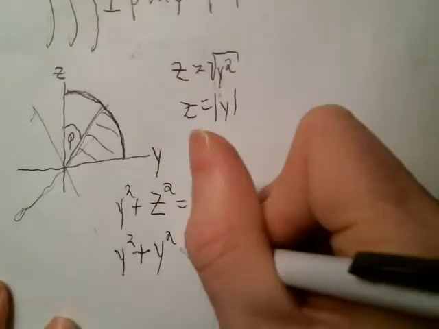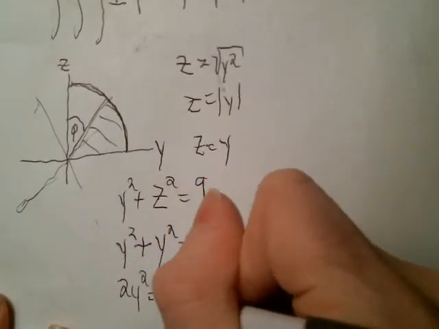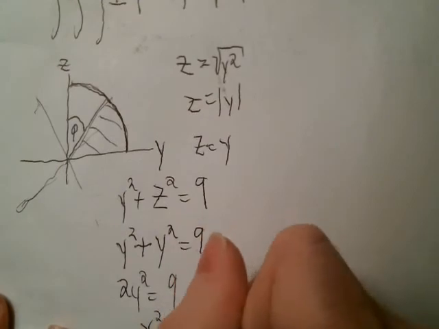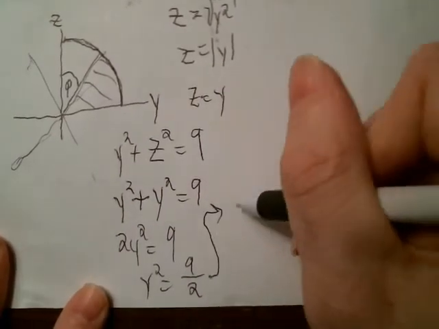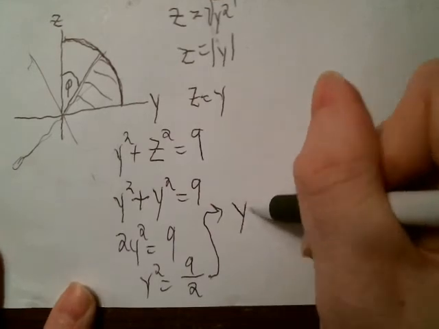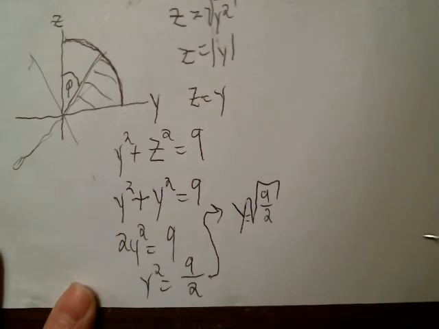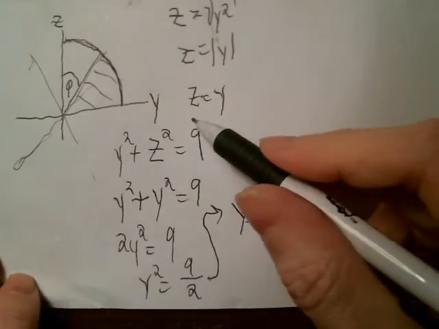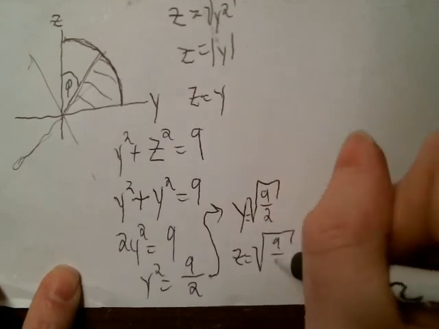I get y squared plus y squared is 9, and then 2y squared is equal to 9. So y squared is equal to 9 halves, so y is the square root of 9 halves. And then y is equal to z, so z will also be the square root of 9 halves.